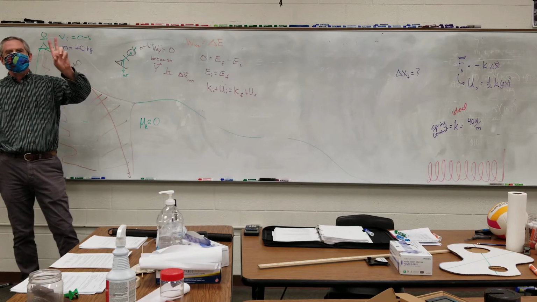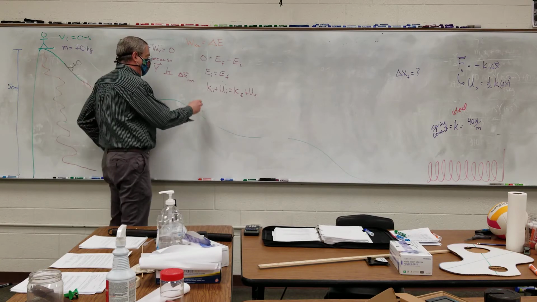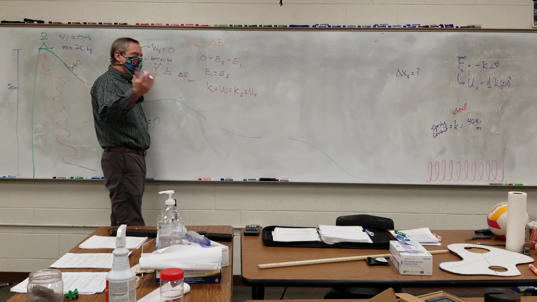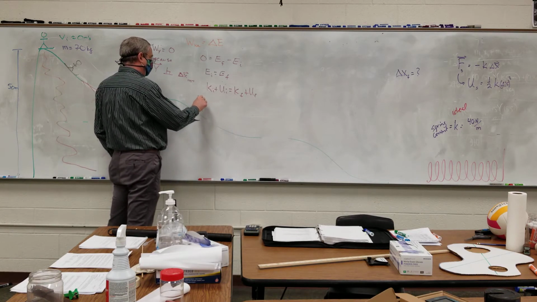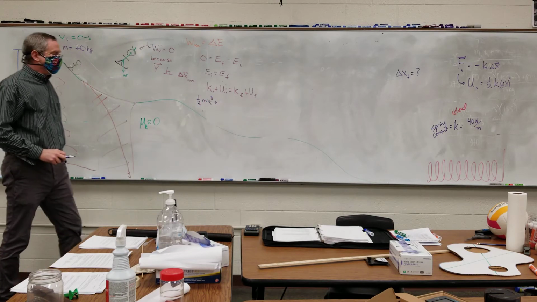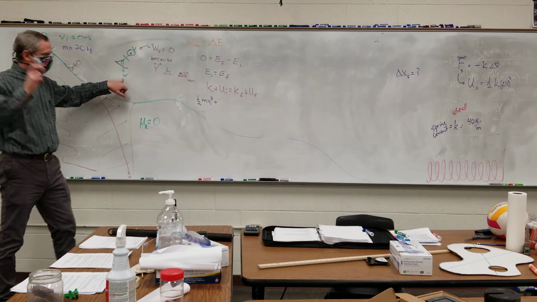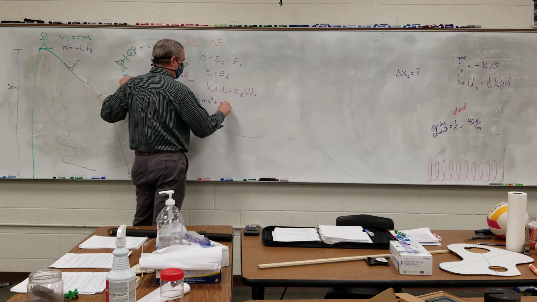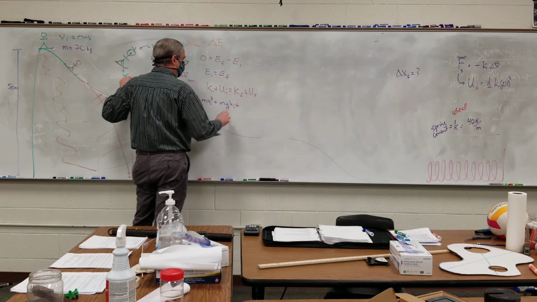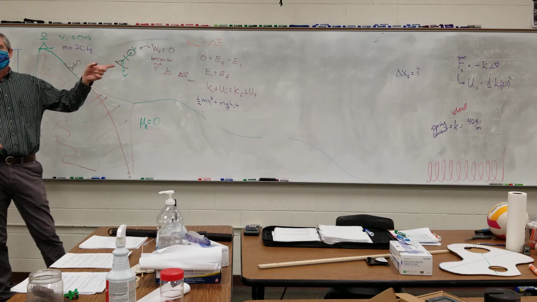So we'll have two potential energy formulas. All right, so kinetic energy, 1/2 mv initial squared plus the potential energy formula associated with weight. And the potential energy formula associated with an ideal spring.